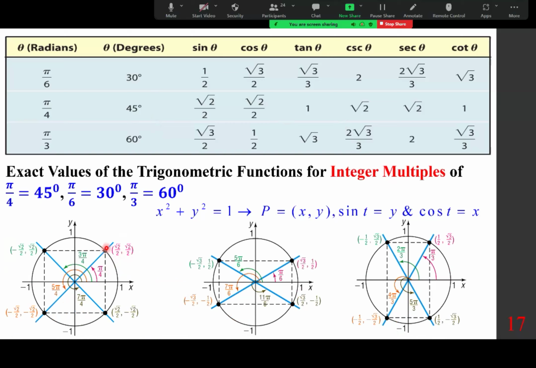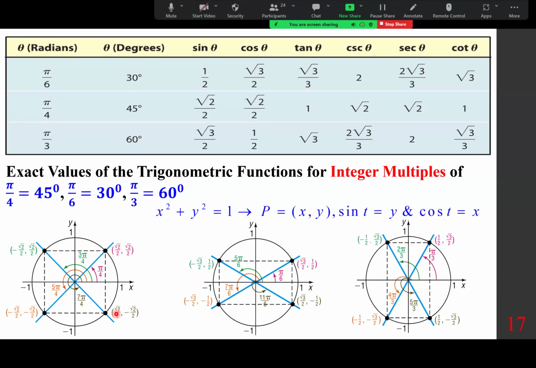So if we go across, then in the third quadrant, we have the same values but negative. If we drop a perpendicular to the y-axis and continue until we hit the unit circle, x on the left side is negative, but the y is positive.